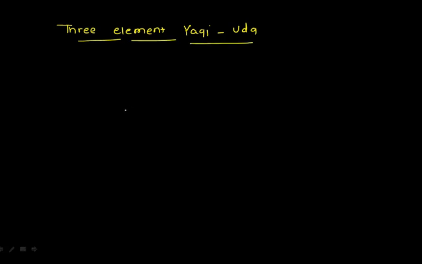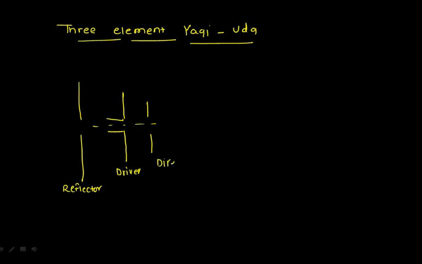I'll put my driven element here, which is my half wave dipole. I'm putting the reflector behind this, and I'm putting the director in front of this one. This structure will be called a reflector, this structure a driver, and this structure a director. Now I'll see what kind of radiation pattern I'm going to observe here.